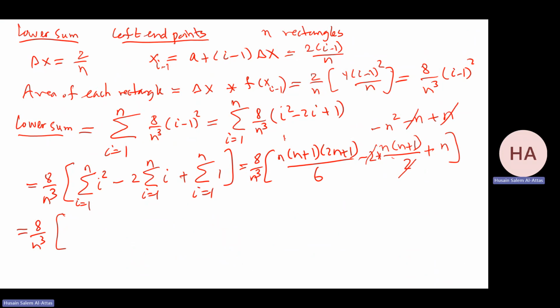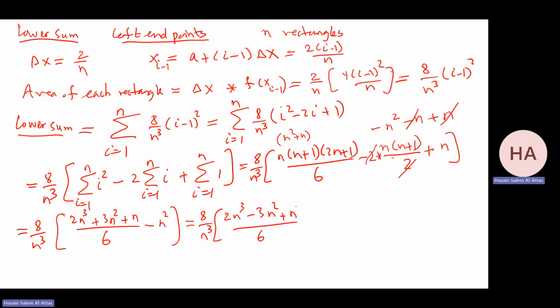This is n square plus n. It's easy to remember. So that will be 2n cubed plus 3n square plus n over 6 minus n square. So let me simplify it. That will be minus 6n square. So that will be 2n cubed minus 3n square plus n over 6.